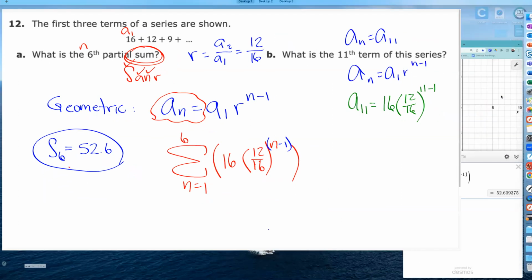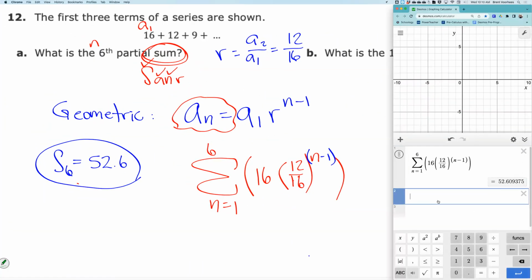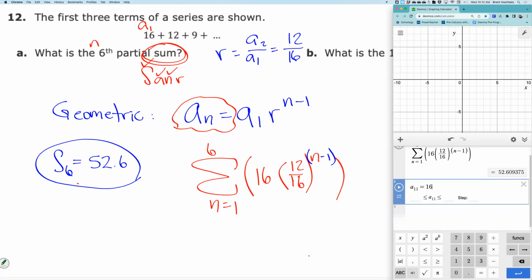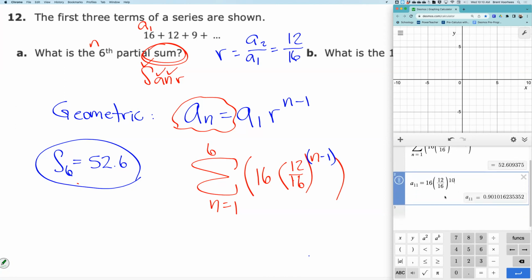A11 equals 16, parentheses 12 divided by 16, raised to the power of 10.